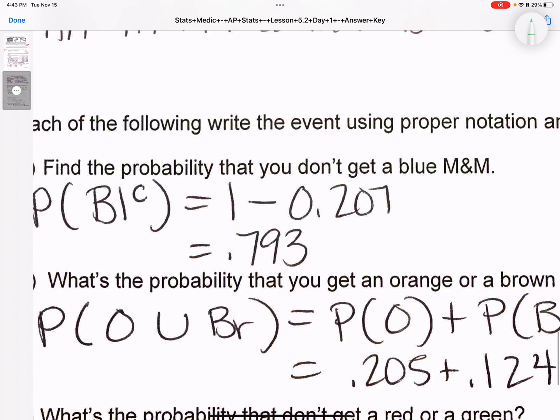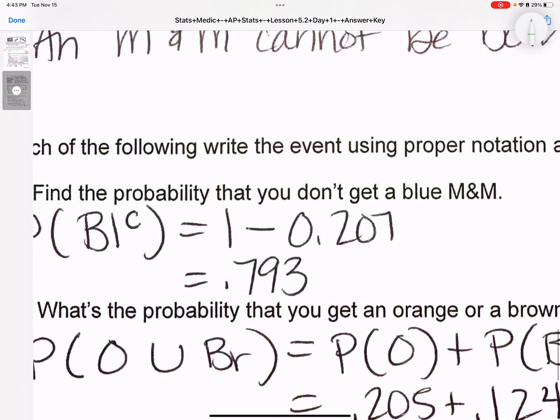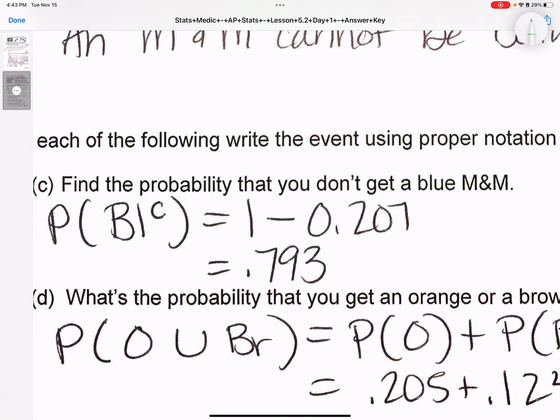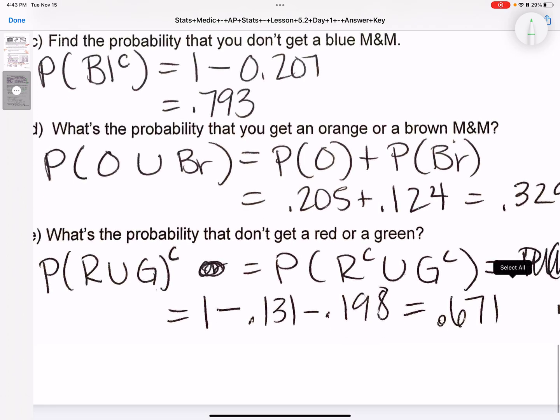The probability you don't get a blue M&M: I look at blue and I get 0.207. So the complement of blue is 1 minus blue. The probability you do get an orange or a brown: these are disjoint events. I do not have an overlap, so I can just add the two probabilities together.